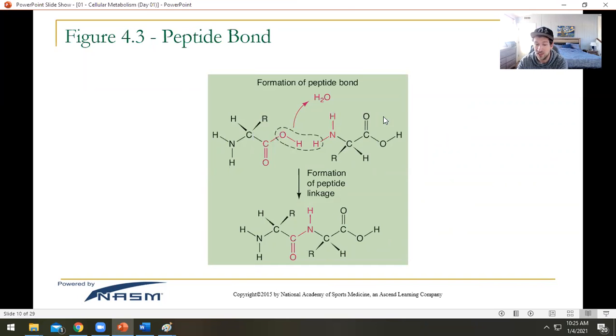So it's going to dehydrate this amino acid and this amino acid. It's going to pull out the hydrogen from here, the hydrogen from here, and the oxygen from here. And there you go, two hydrogens and one oxygen, H2O. So I'm left with an extra molecule of water afterwards.